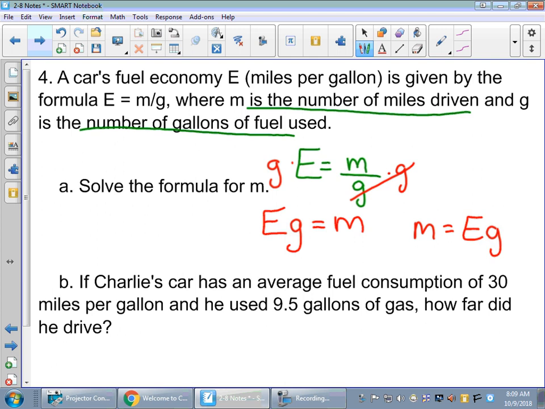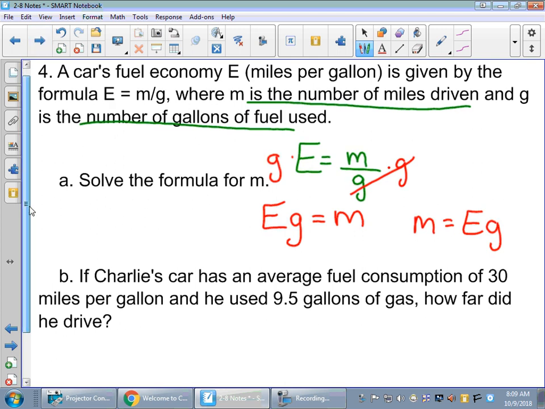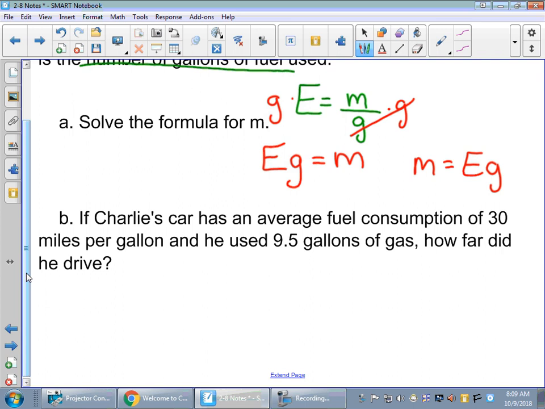Part B asks, if Charlie's car has an average fuel consumption of 30 miles per gallon, and he used 9.5 gallons of gas, how far did he drive? The fuel consumption of 30 is your E value. He used 9.5 gallons of gas, there's your G value.